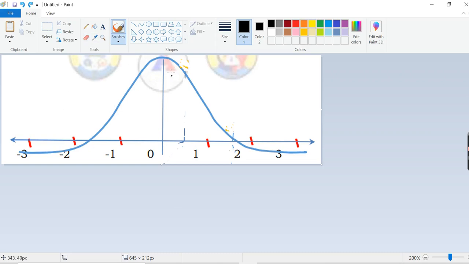Recalling this figure, in a standard normal distribution, the mean is always at the center. Going here to 1 means that the score is 1 unit away to the right of the mean, while the score here at negative 2 means 2 units away to the left of the mean.